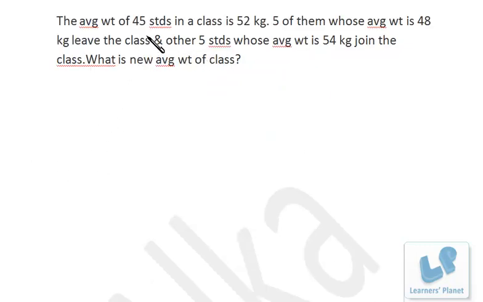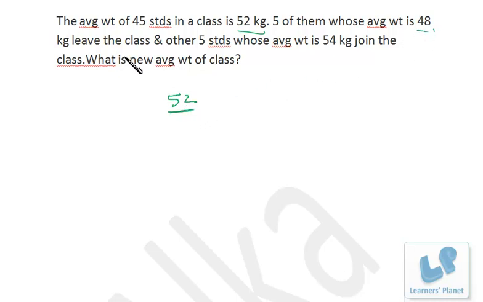Yeah, in this problem, the average weight of 45 students in a class is 52 kilogram. 5 of them whose average weight is 48 leave the class, and other 5 students whose average weight is 54 kilogram join the class. What is the new average of the class? See, the average weight initially is 52.